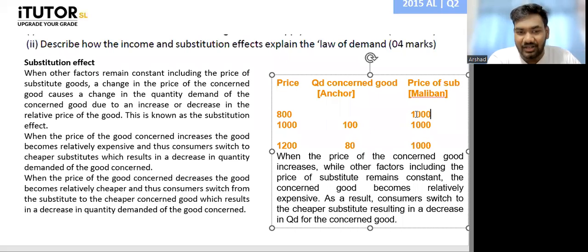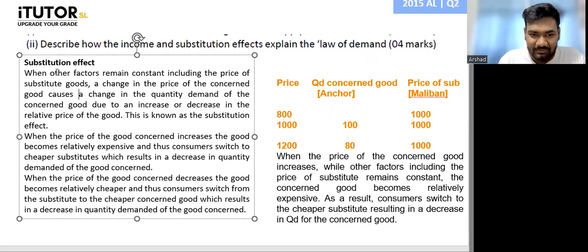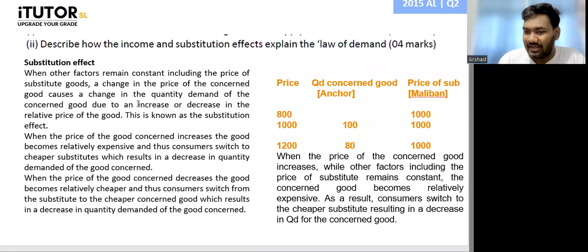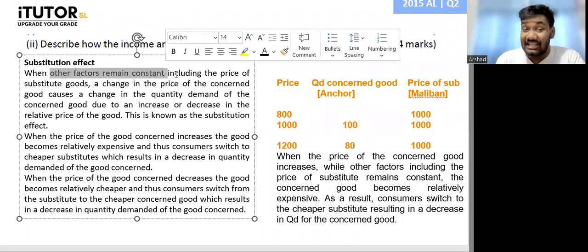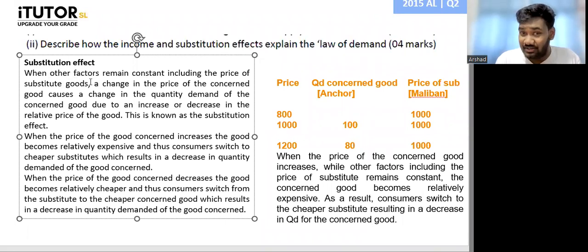So you need to be very careful with the wording there. This is a type note, guys. I just put it over here. So this is how you can explain. Just look at how I explain. I say substitution effect: when other factors remain constant, including the price of the substitute. Remember, in the substitution effect, please don't write that the price of the substitute is changing. It's not changing.